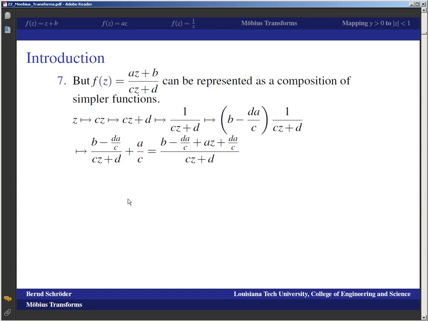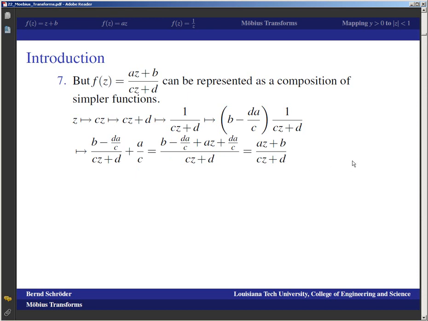And then we do a little bit of algebra with that. We find the common denominator, and as we find the common denominator, a over c times cz is az, and a over c times d is dA over c, and you can see now that the dA over c's cancel, and we actually end up with az plus b over cz plus d.